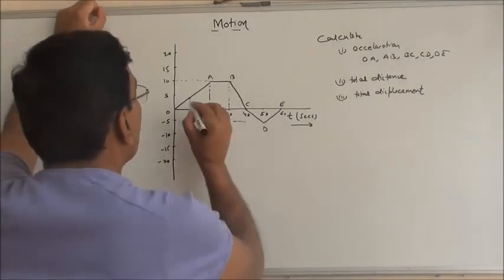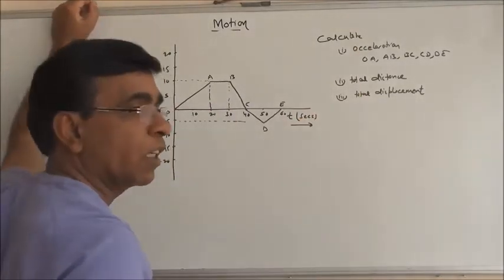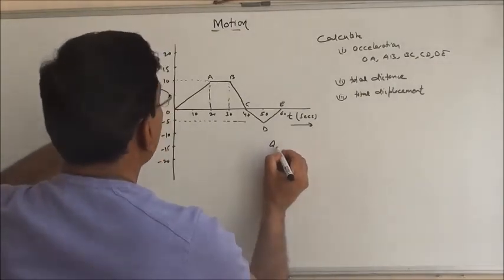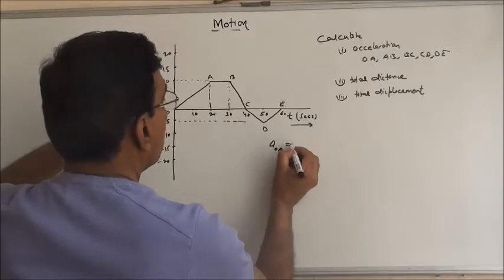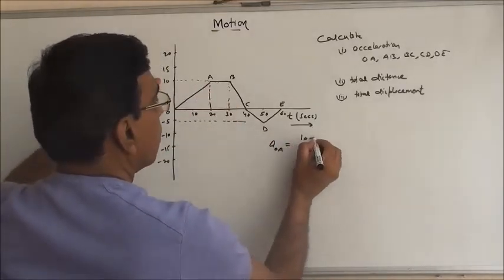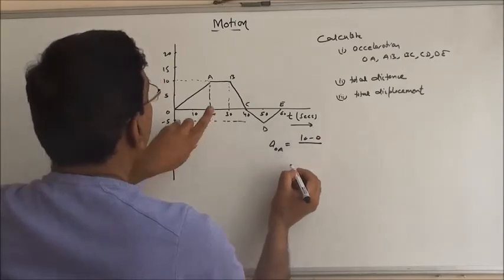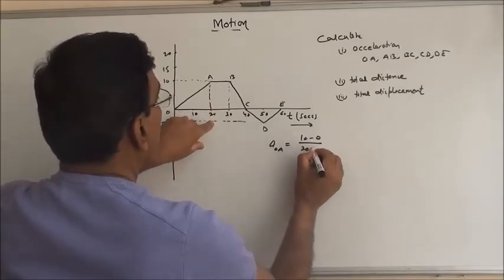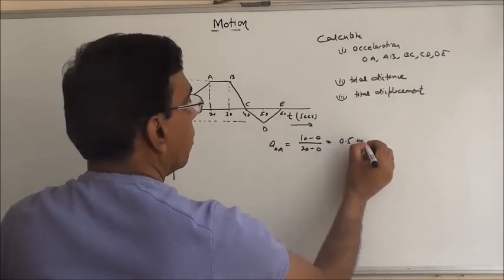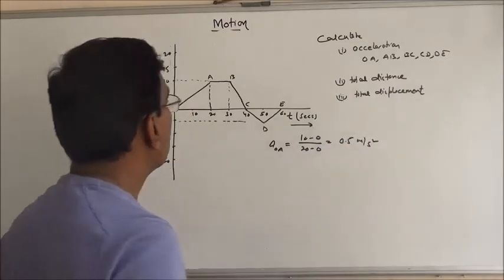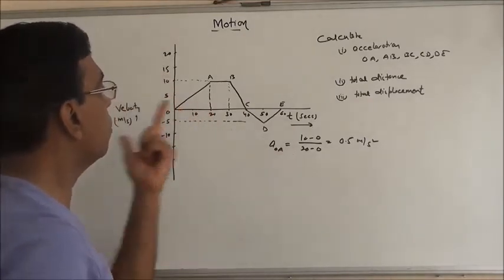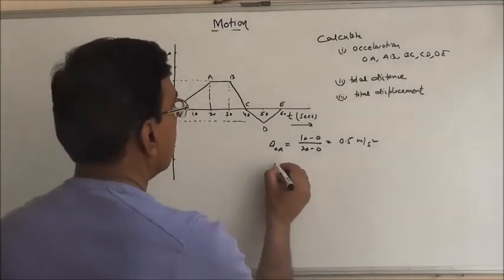Then how will we go? Acceleration is always calculated from the slope. So acceleration in interval O to A: v2 minus v1 upon t2 minus t1 gives 0.5 meter per second square. Right? It's 10 minus 0, 20 minus 0; the slope gives me the acceleration.